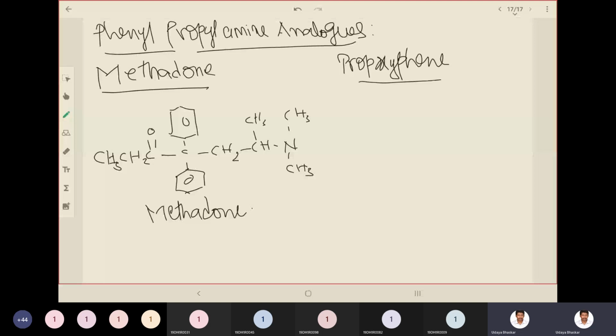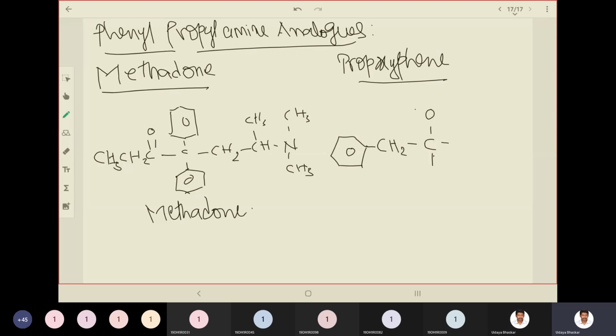So you have a phenyl ring here, CH2. Now comes the central carbon, which is having O C double bond O, CH2, CH3.